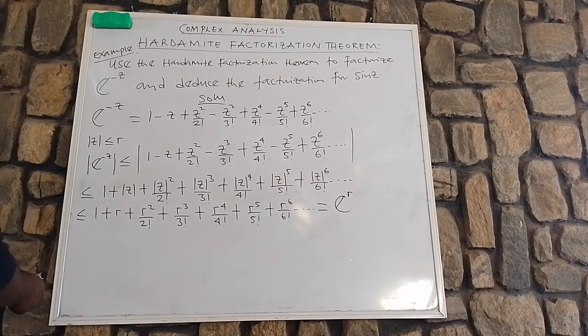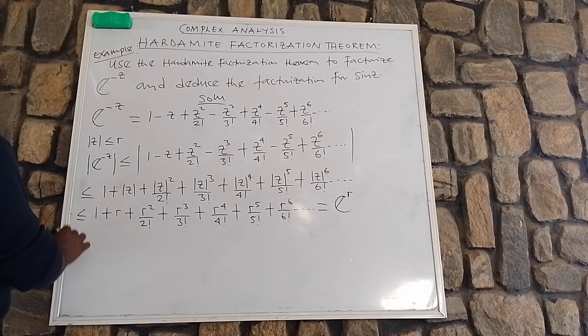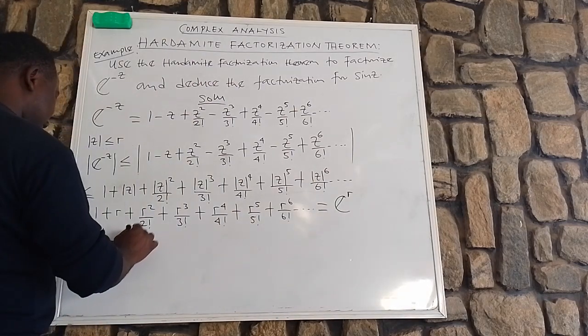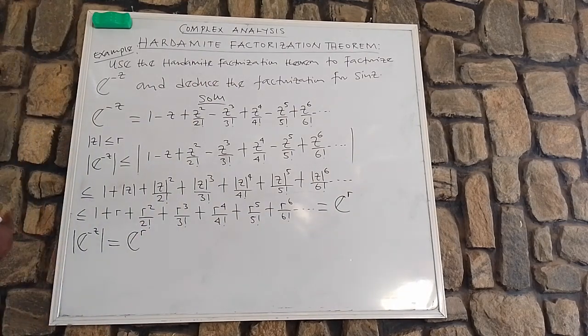It implies that mod z, for this series, will give us what? This exponential r. Okay? So now we are able to factorize this using Taylor series.